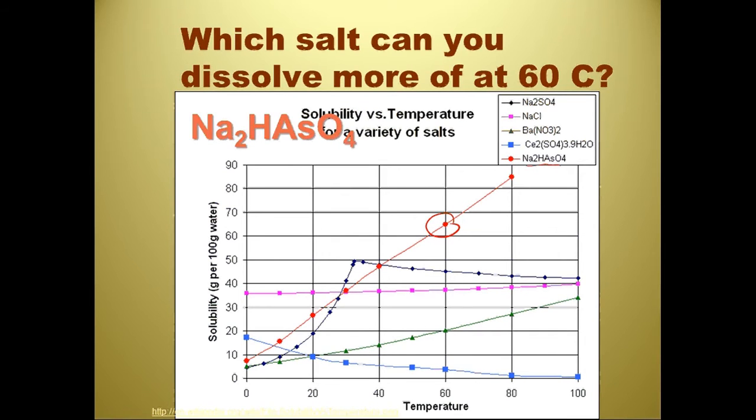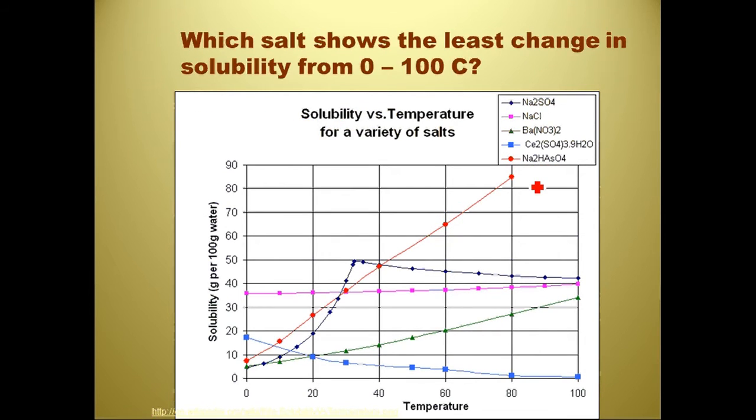Okay. We go on to the next one. Which salt shows the least change in solubility from 0 to 100 degrees Celsius? A little wait time. All right, if you remember geometry class, you're looking for the one with the least slope, or the smallest slope. Happens to be the fuchsia colored line right here. Okay, it looks like it starts out at about what?